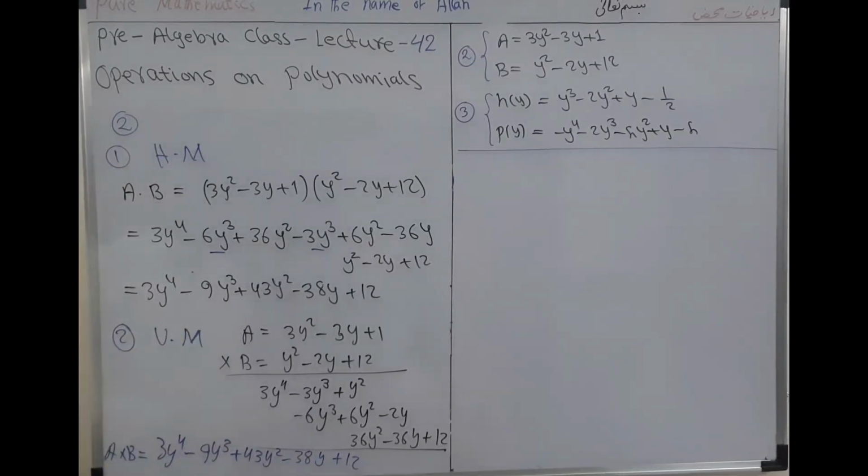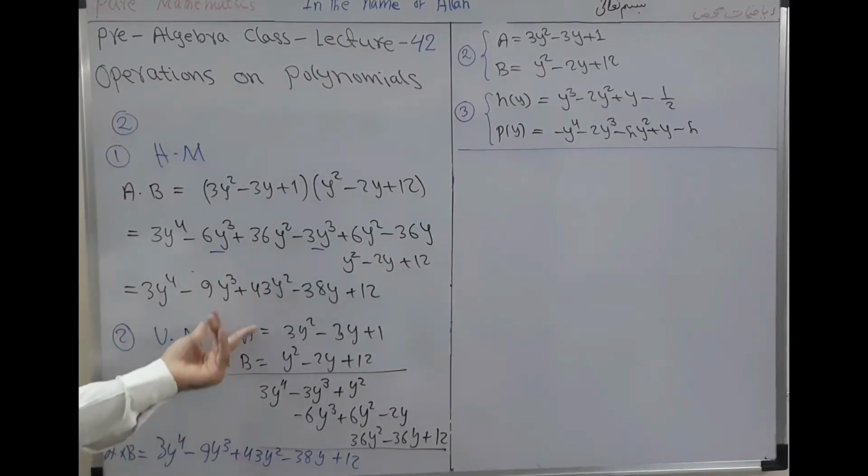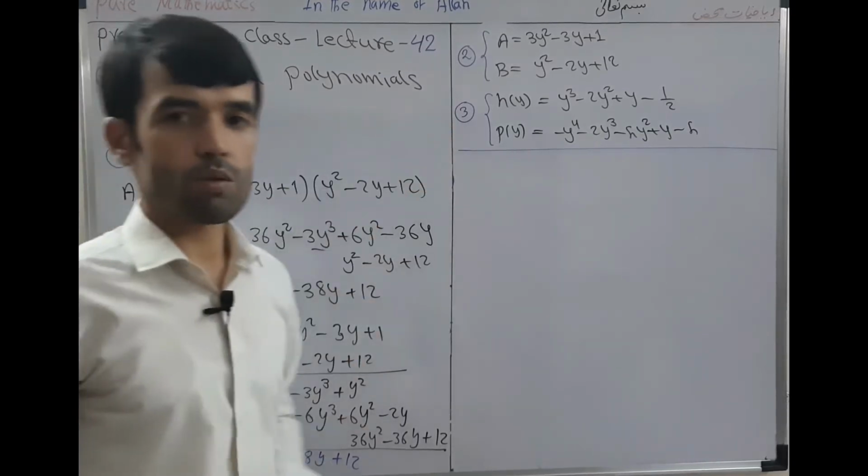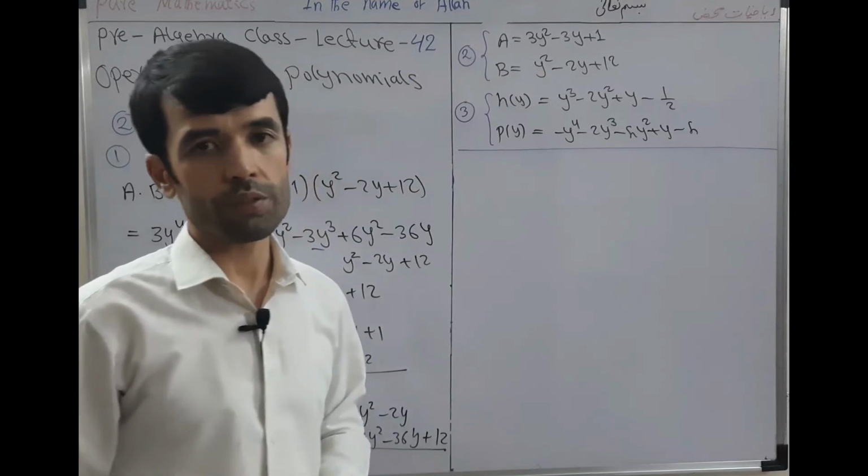It was the vertical method, and the results are the same. Here also both of them are same. Third one is your homework. You have to do it by yourself. Thank you.